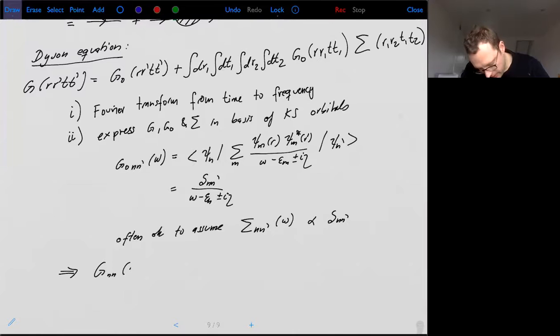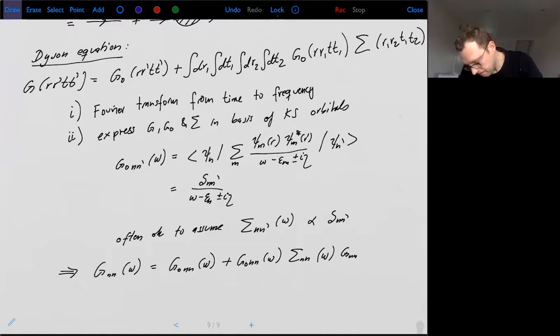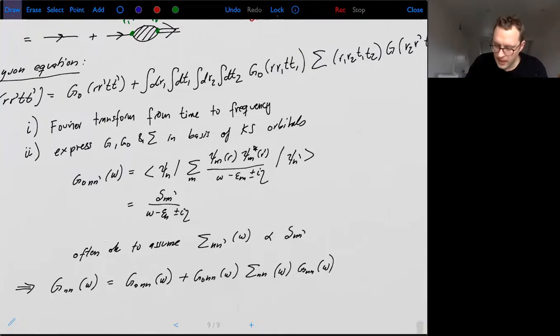So it turns into a scalar equation, right? Because basically, when I look at these time integrals up here, these are convolutions in time space.